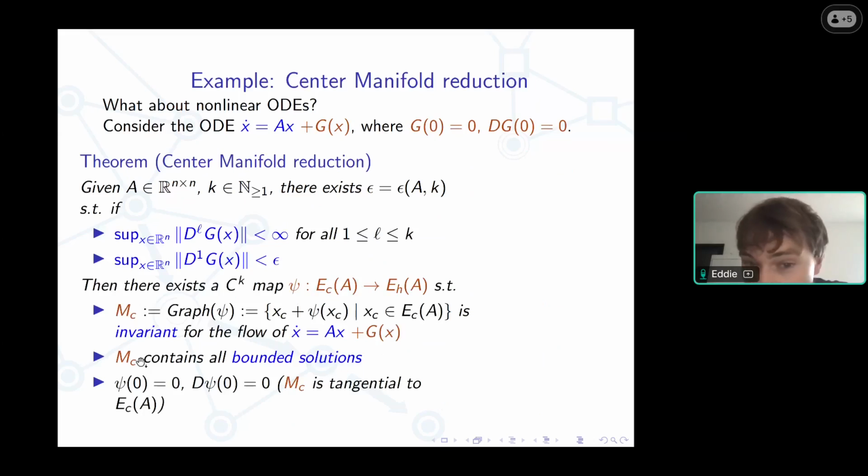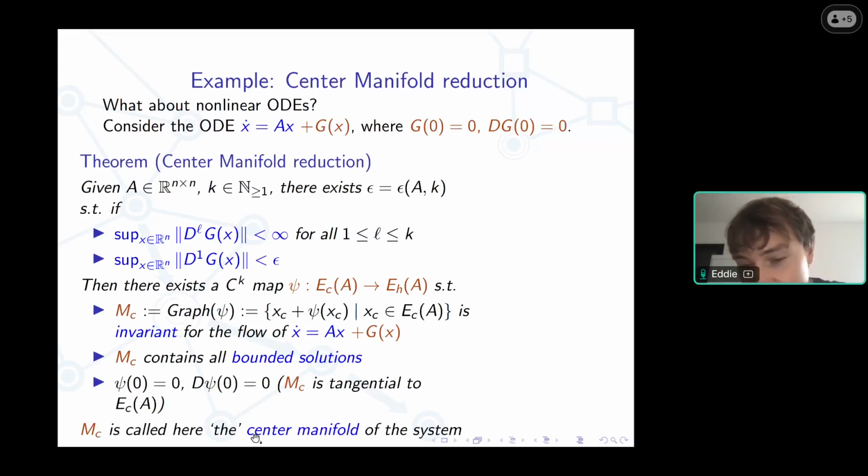Furthermore, it contains all bounded solutions, and this graph is in fact tangential to the center subspace. So we call this the center manifold of the system.